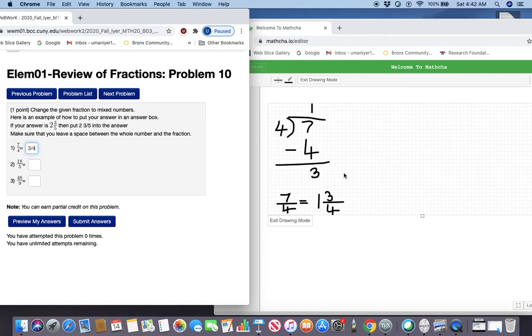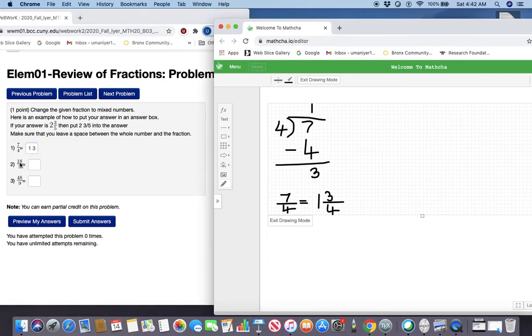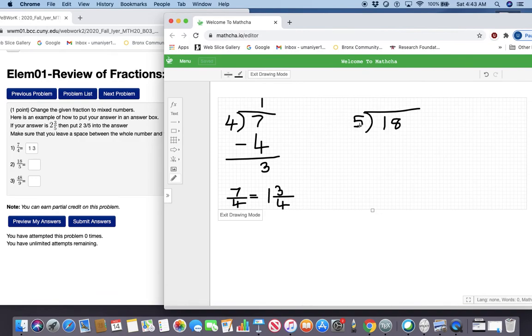All right. So likewise here, let's try 18 over 5. 18 is inside, 5 is outside. The divisor, that is the bottom number, is the one who divides. 5 goes in 18 3 times. 5 times 3 is 15.